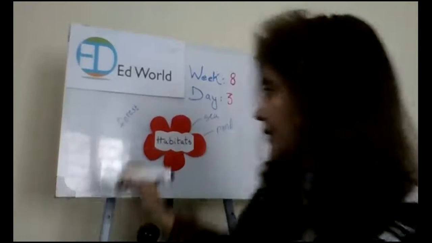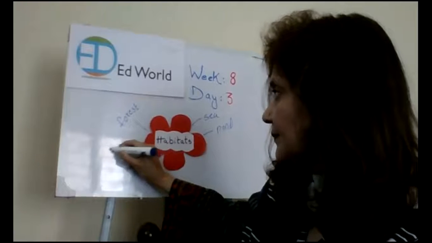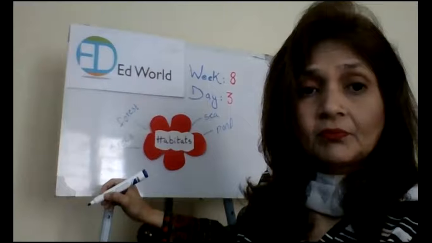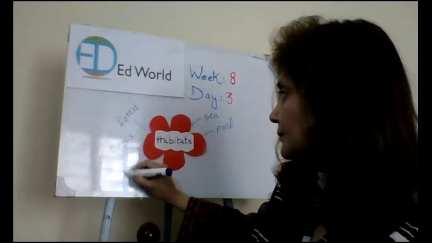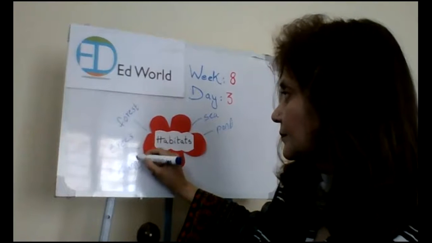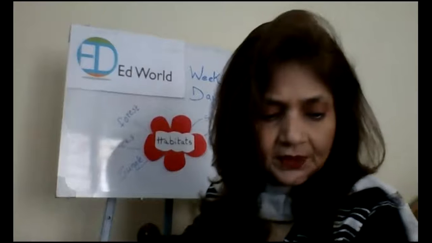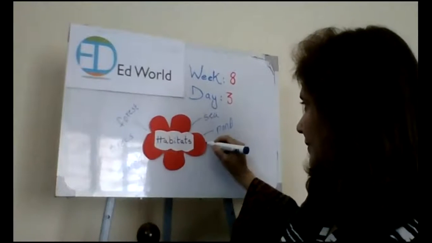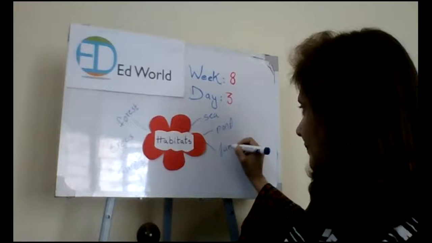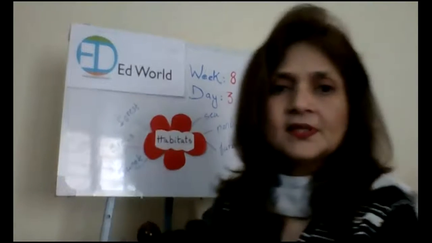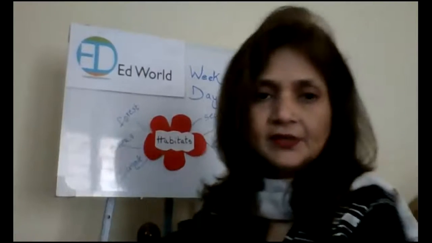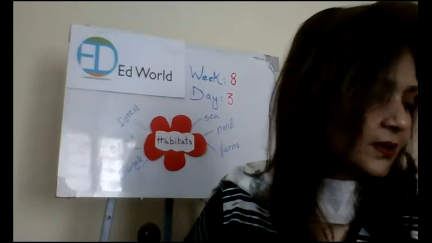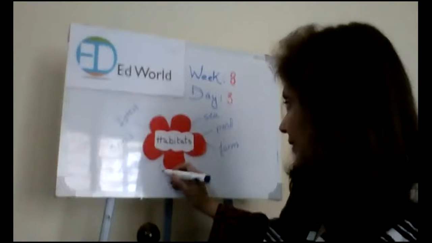Come on, quickly. Trees, correct. Then jungle. Then what else? Yes, farm animals. They are farm animals. Some animals live on trees. They live in jungle. Where else do other animals live? Land and water, correct.